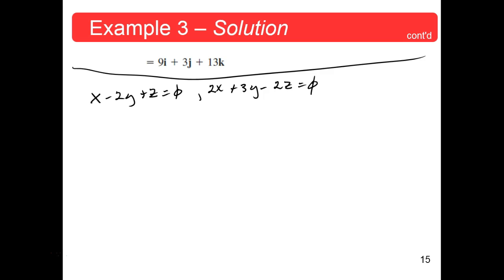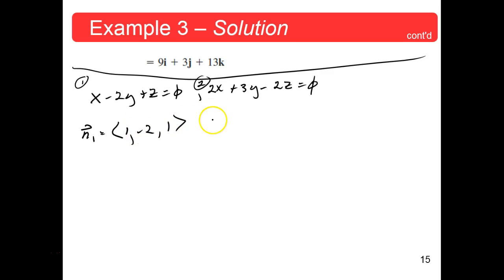Then, okay, so first let's find the angle. So how are we going to find the angle? What do we need to find first? Let's call this one 1 and this one 2. So what is your N1? 1, negative 2, 1.